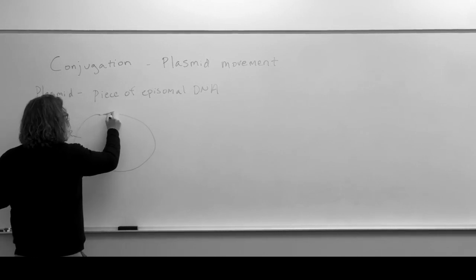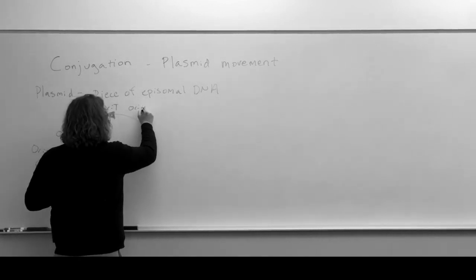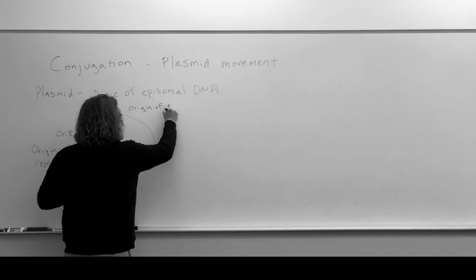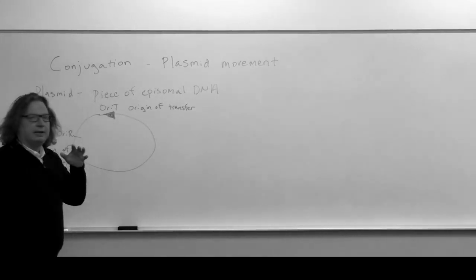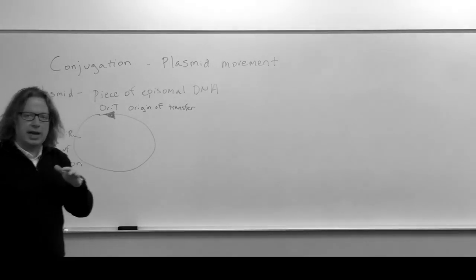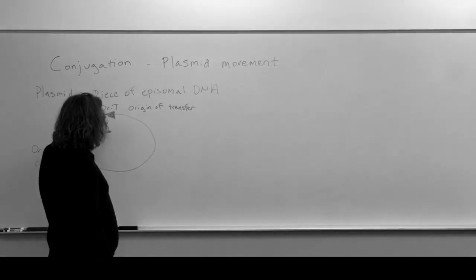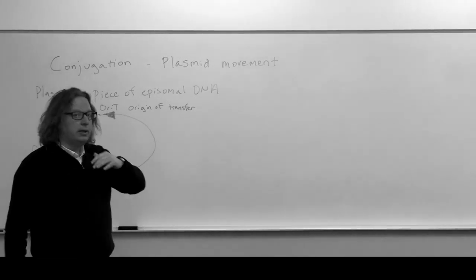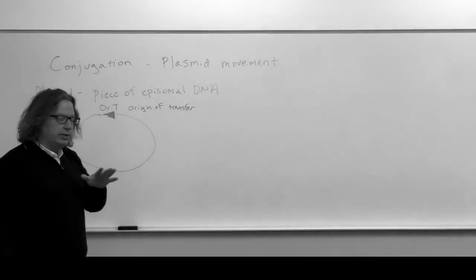A plasmid has an origin of transfer. And this is the mechanism by which it's actually going to move from one bacteria to another. So it's going to start at this little arrow point and move directionally, bringing its entire genome into a target cell.